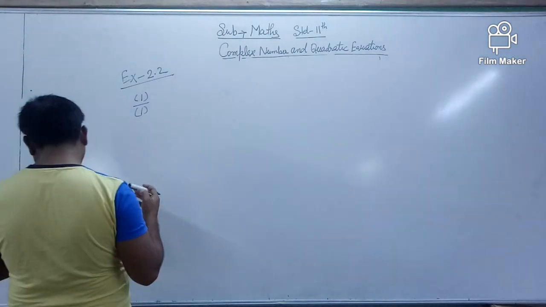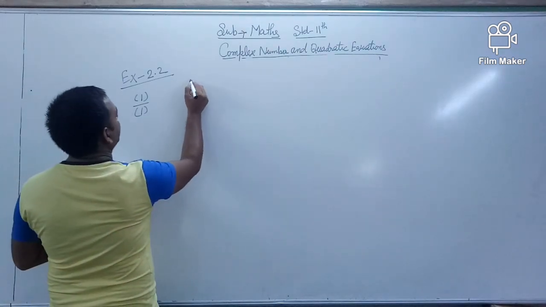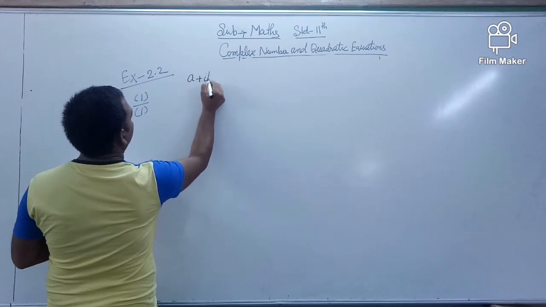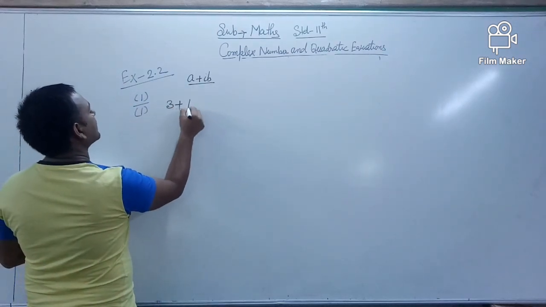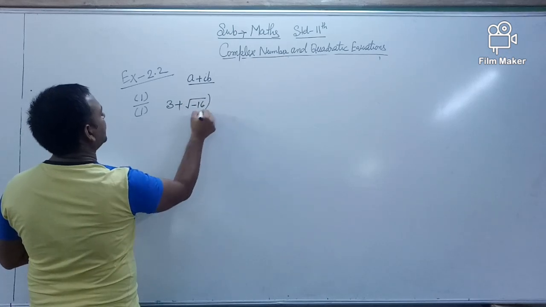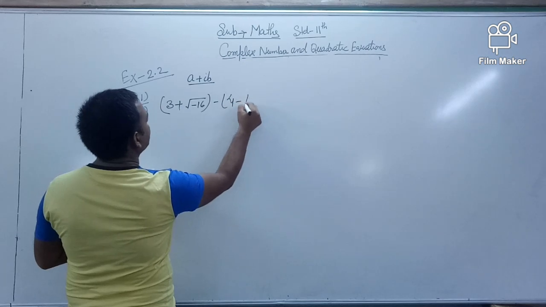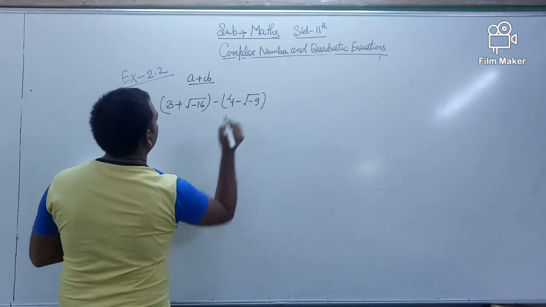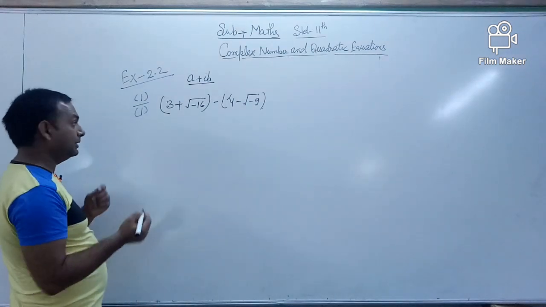Here, simplify and express the result in the form a plus ib. The question is 3 plus under root minus 16 minus 4 and minus under root minus 9. Express it in the form a plus ib. First, we solve this question.